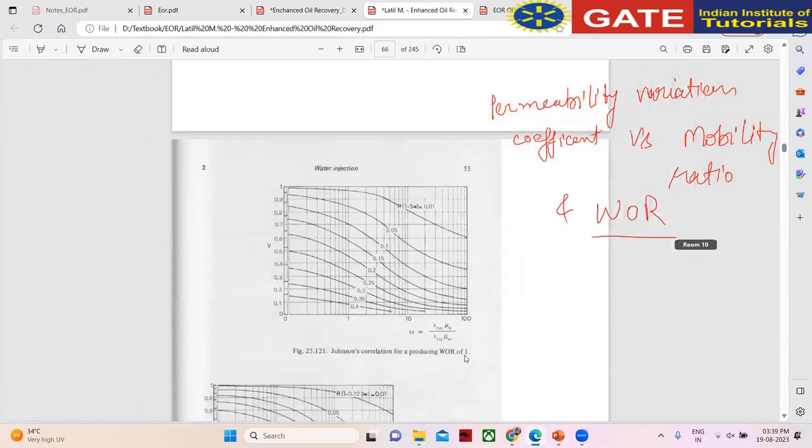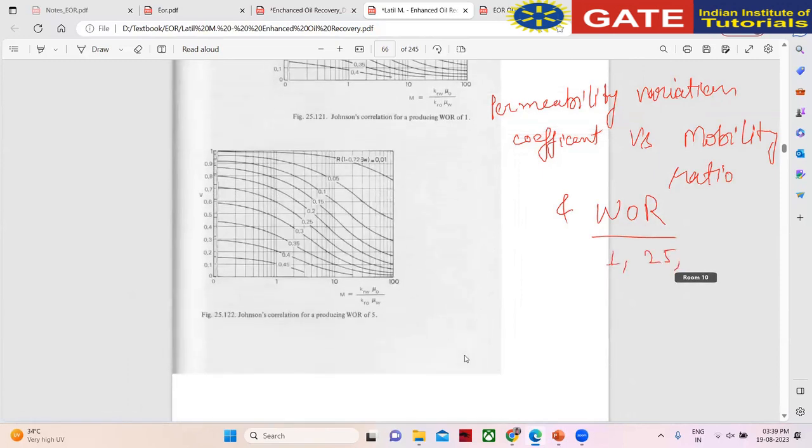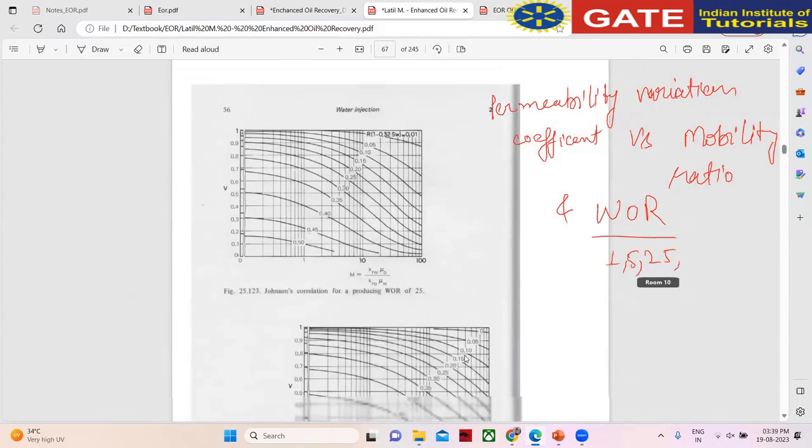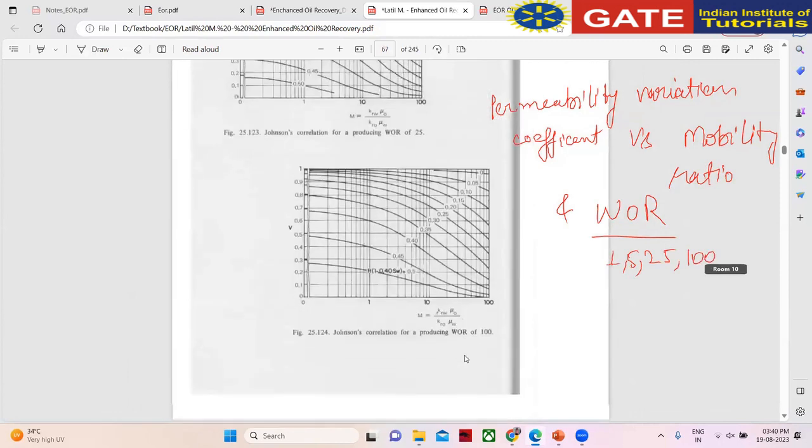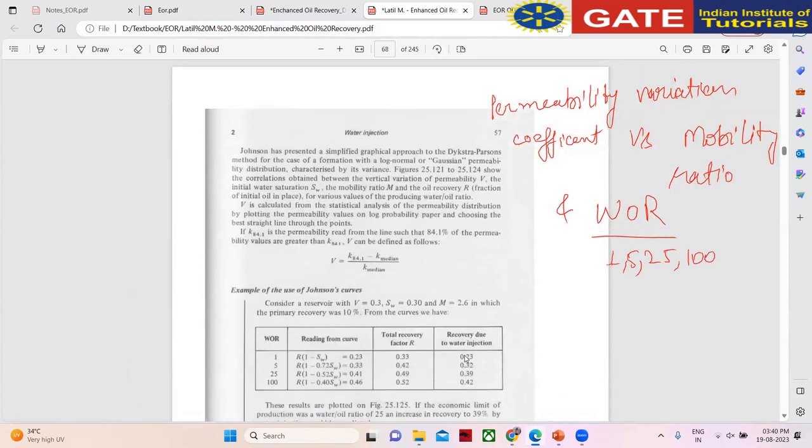For water oil ratio there are curves for 1, 5, 25, and 100. Only four curves are there.